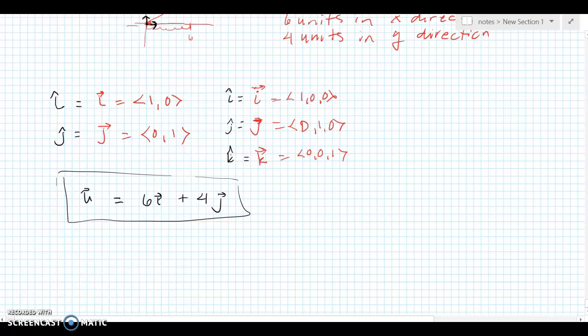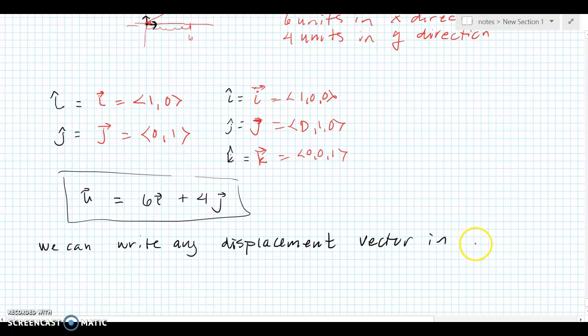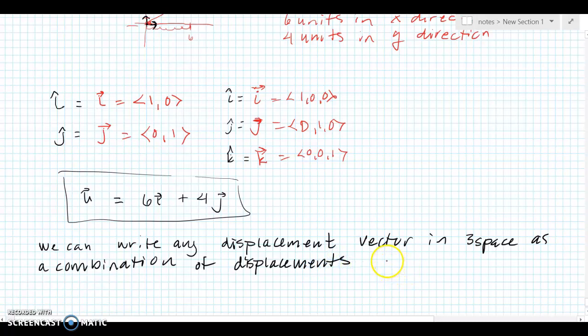I think the book calls it resolving. So we can write any displacement vector in 3-space as a combination of displacements in the coordinate directions.